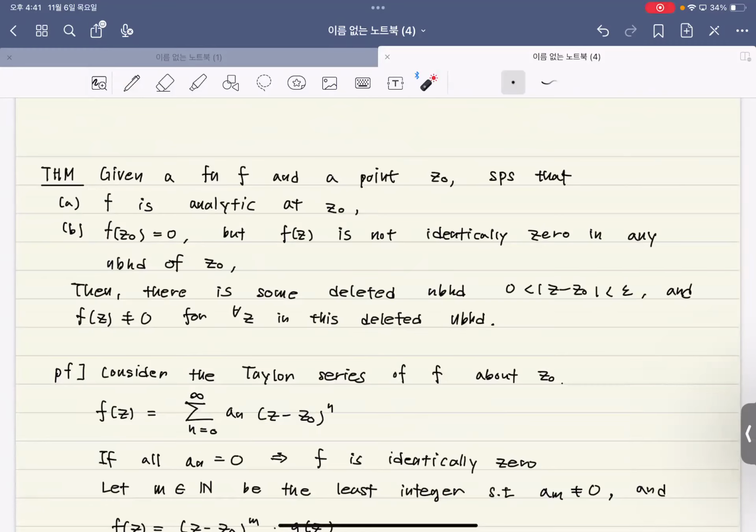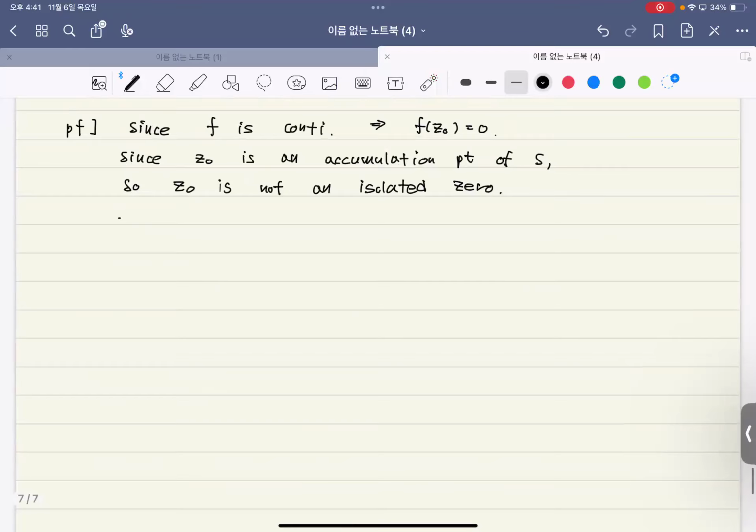We have only two possibilities. First, the zero must be isolated, and if not, then I must be able to find some neighborhood of z0 on which my function is identically 0. So there is a neighborhood N of z0, contained in N0, such that f of z equals 0 for all z in N.